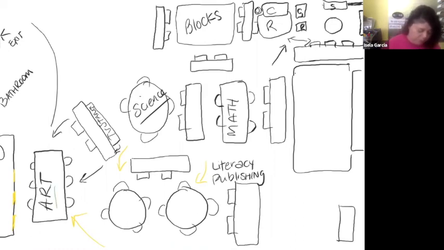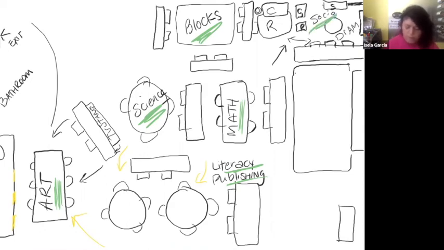So we've got art, we have science, we have math, literacy and publishing, we have blocks, and then I didn't write soc or sociodramatic. Whoops. All right. Okay, so we have our 1, 2, 3, 4, 5, 6 areas.